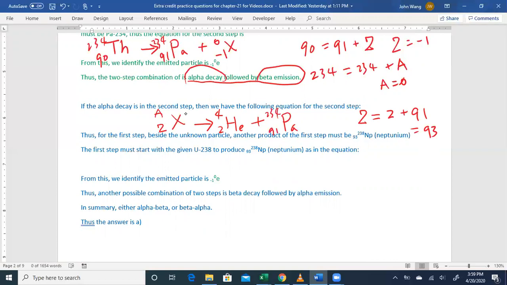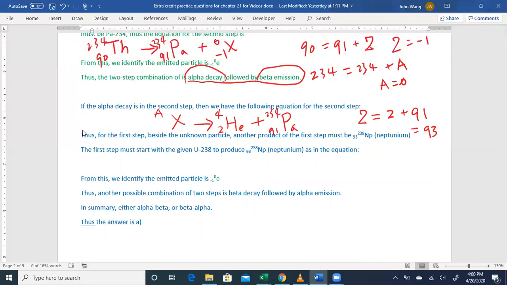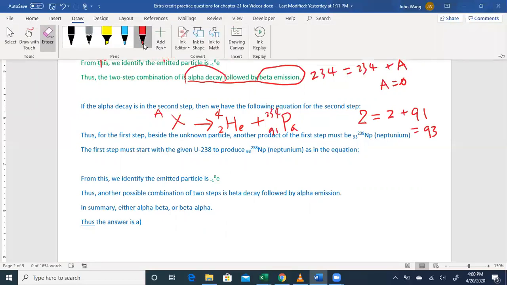And 93, if you go to the periodic table, that is neptunium. So we know the identity of the starting nucleus in the second step, which is 93, neptunium.